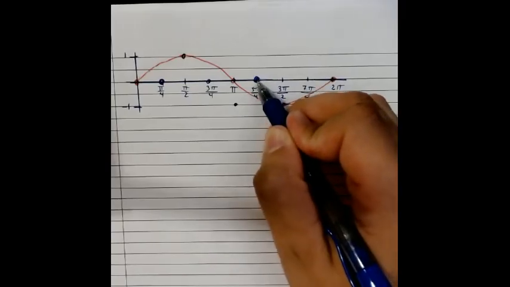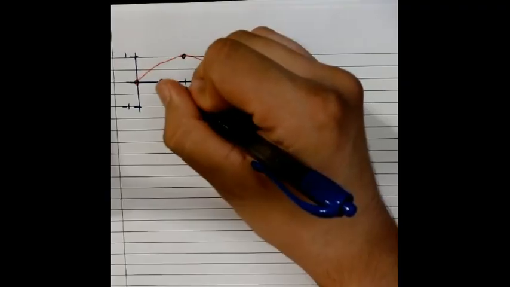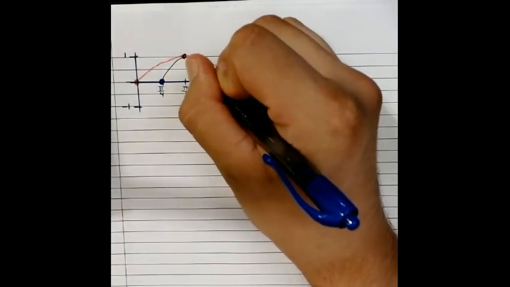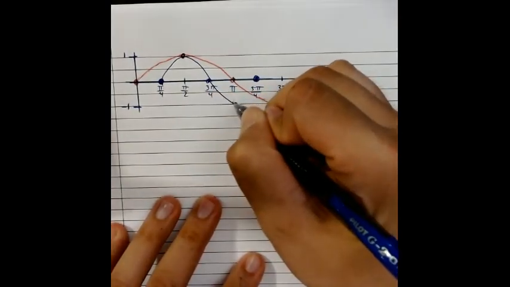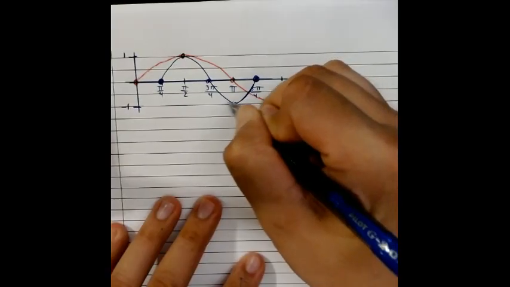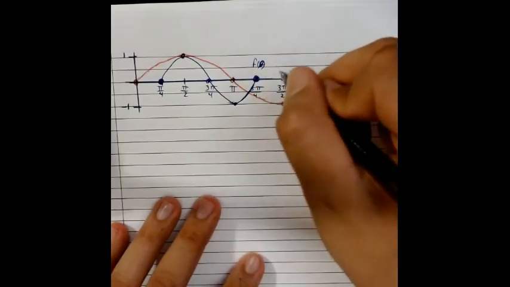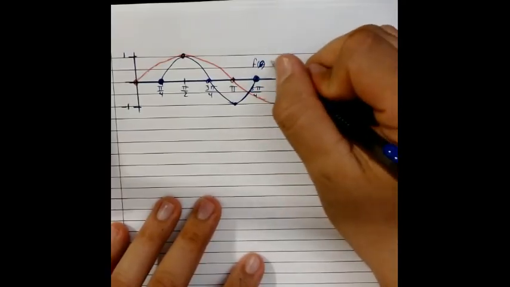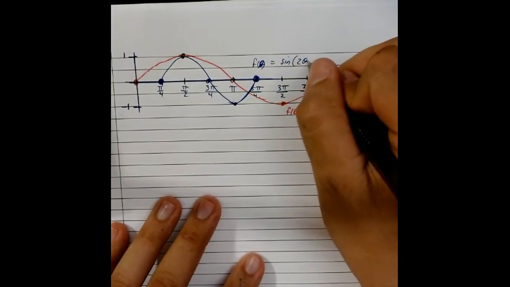And then you're going to go back to the axis at the end of your central period. So this is going to go up, down to the minimum, and then back up. And this is our function. This is our f of x. Oh, so that should be f of theta. This is our f of theta equals sine of 2 theta minus pi over 2.